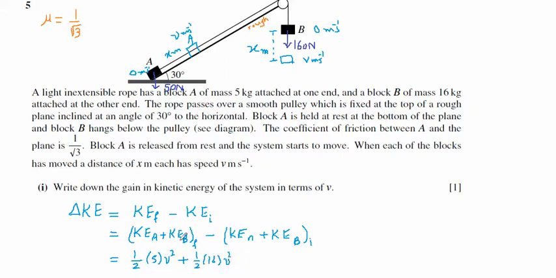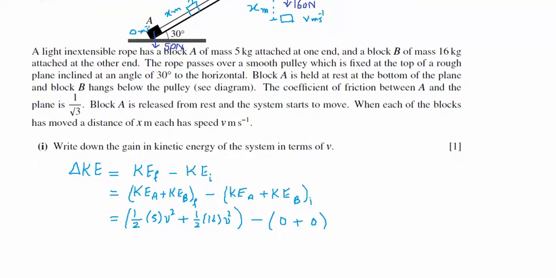This is the final kinetic energy of the system, minus the initial, which for A is 0 because the speed is 0, half mv square is 0, and for B also 0, because both are released from rest.